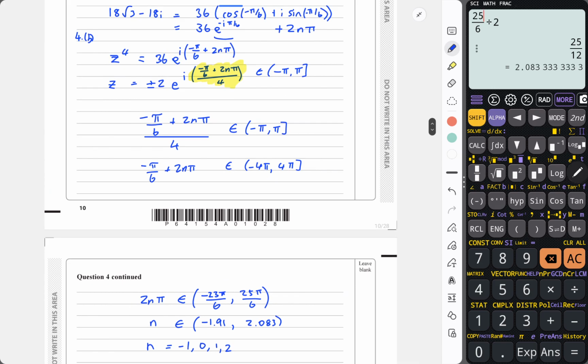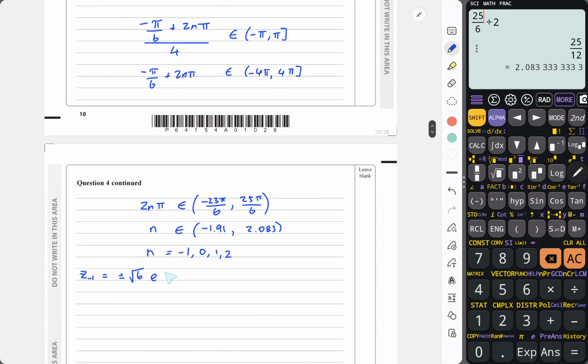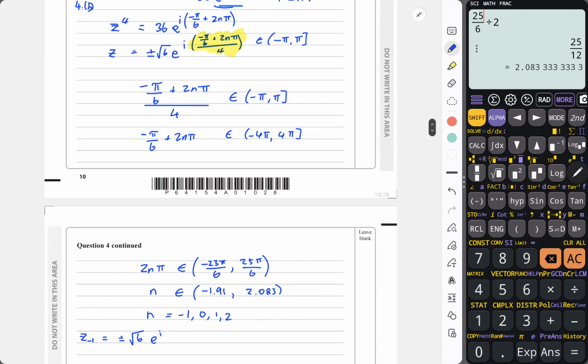Sorry, I don't know where I got 2 from there. The square root of 36 is 6, and then I square root that again, so that's root 6. So that's plus or minus root 6 e to the i, and then we're going to put -1 into this bit at the top for our argument. So I'm going to write minus pi over 6 plus 2 lots of, in this case, -1, and then we get pi again.